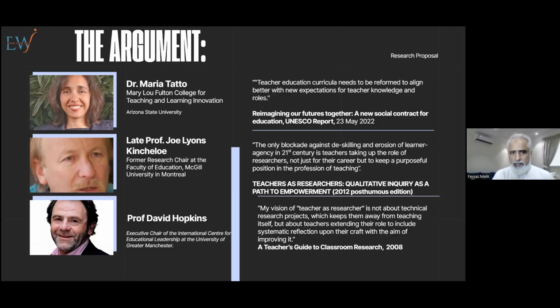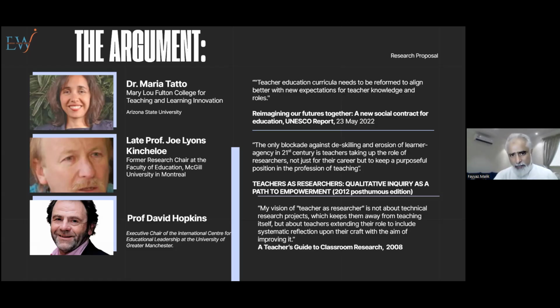Mario Teto, the seminal writer, the main force behind the UNESCO report in 2022, which was later updated. The title of the report was Reimagining Our Futures Together: A New Social Contract for Education. She believes that teacher education curricula need to be reformed to align better with new expectations for teacher knowledge and roles.